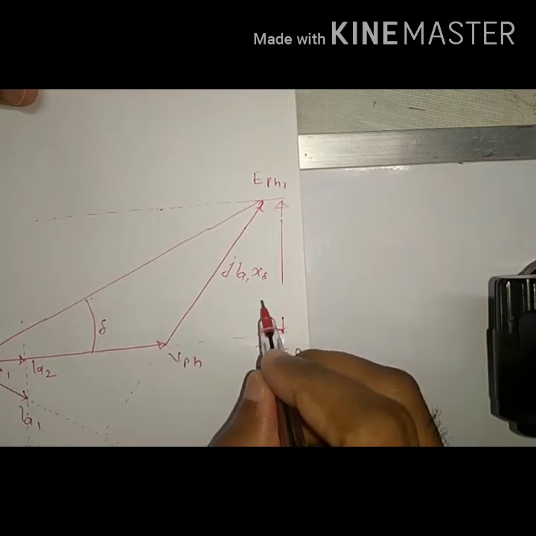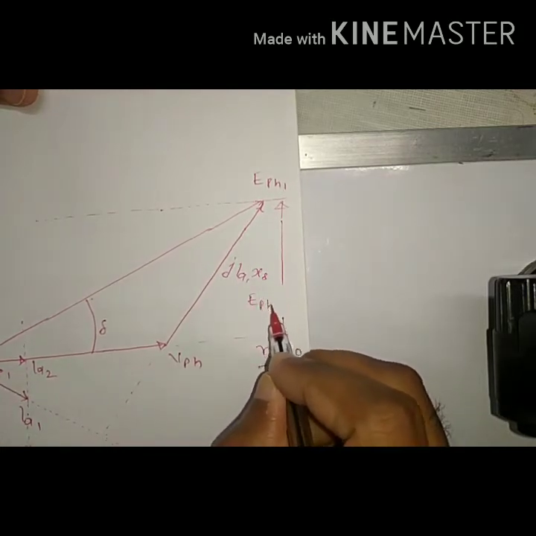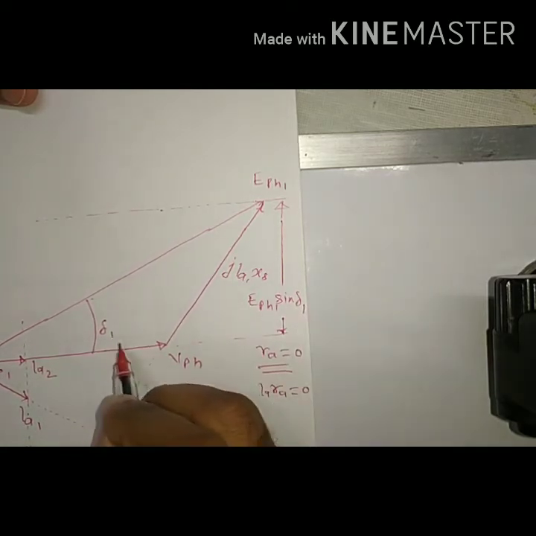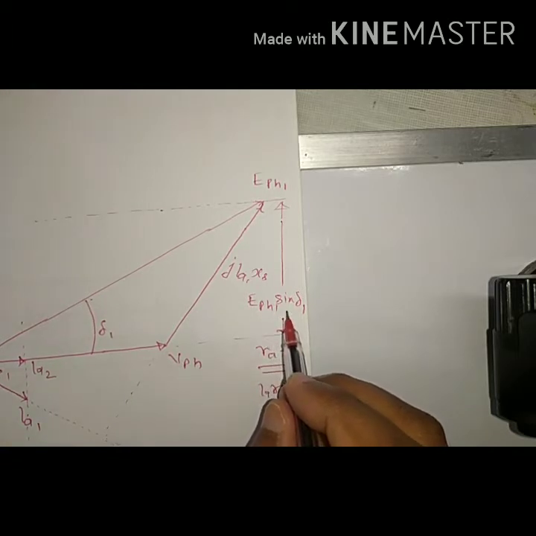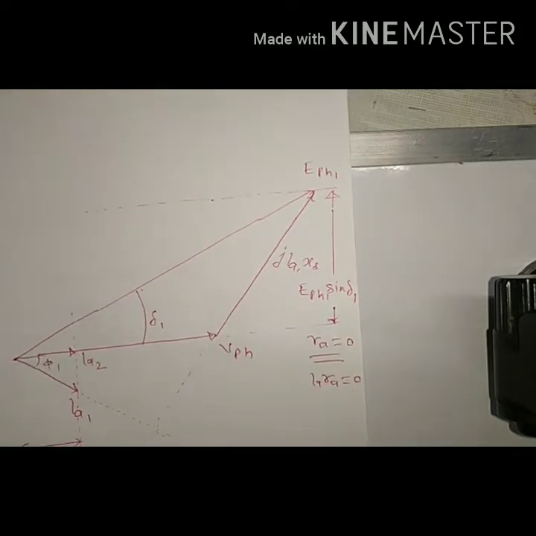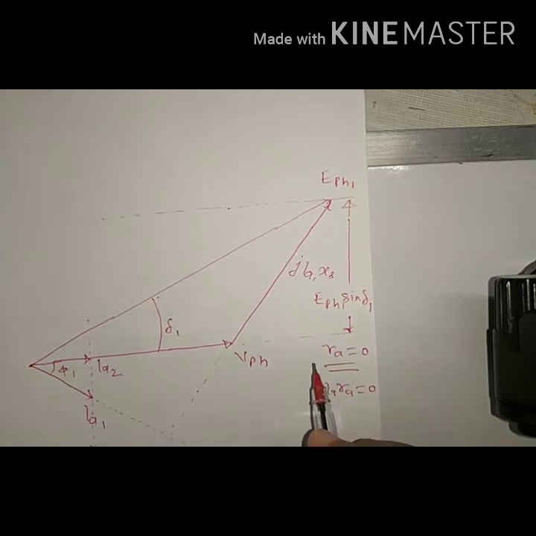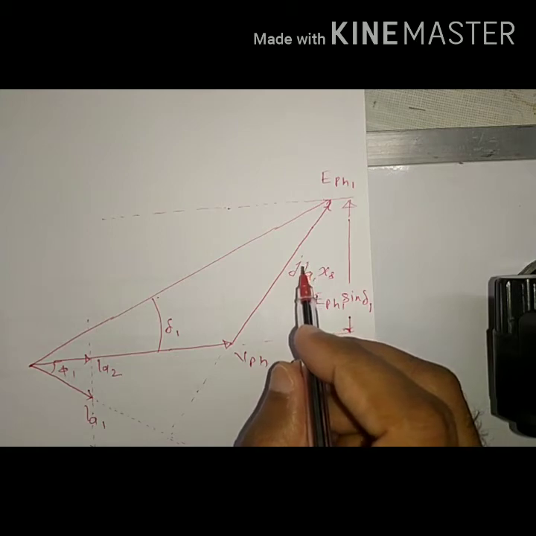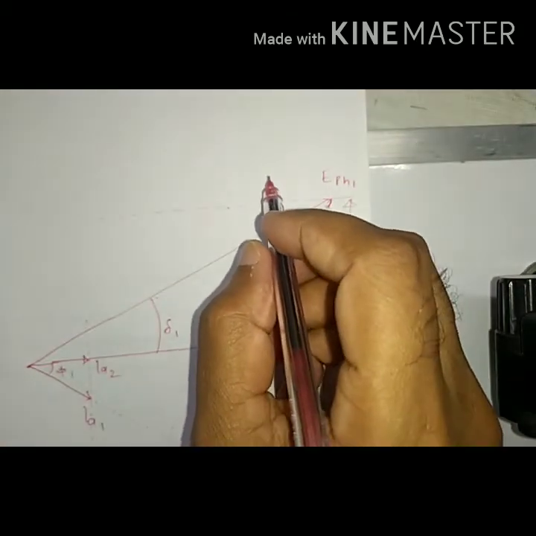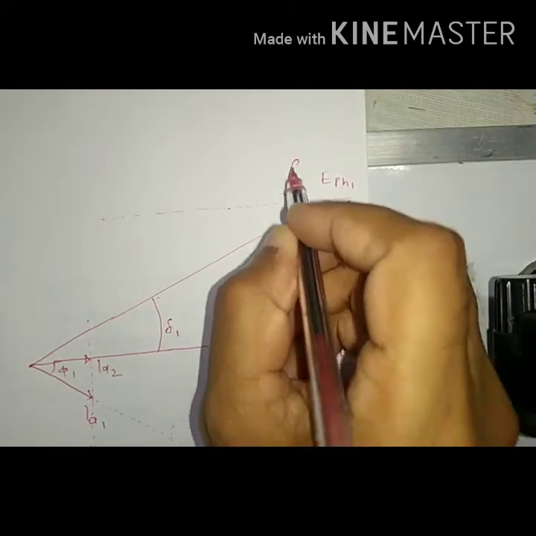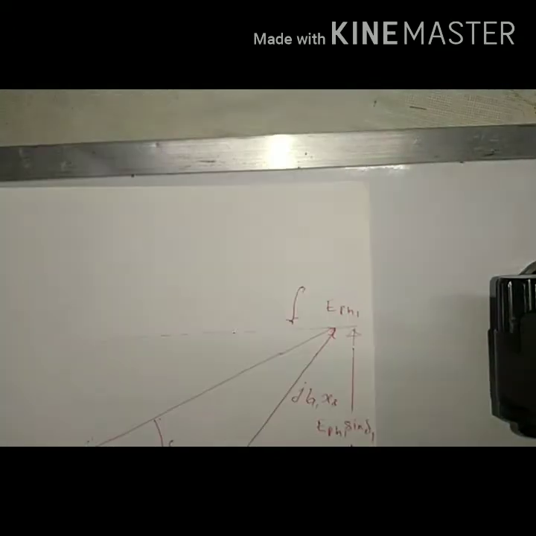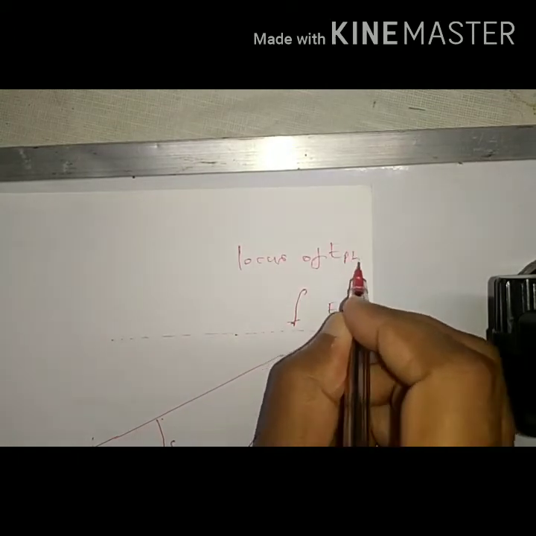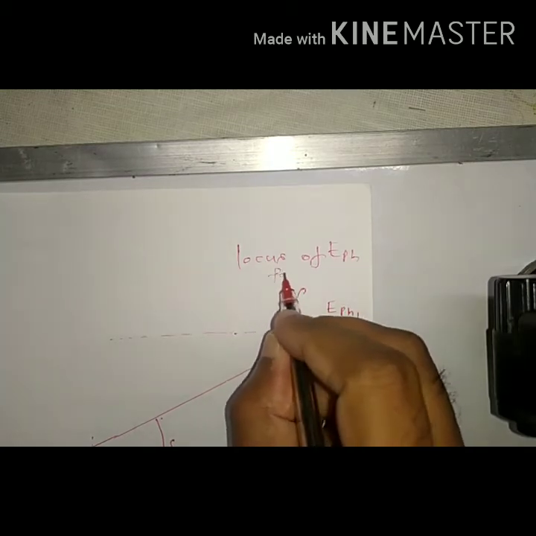This length is E_PH1 sin delta 1, and this must be constant to maintain constant power. So this will become the locus of E_PH for constant power.